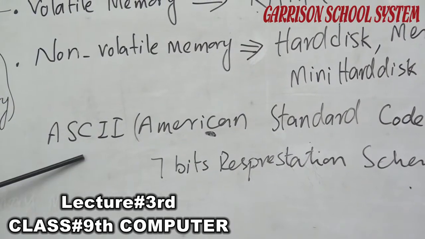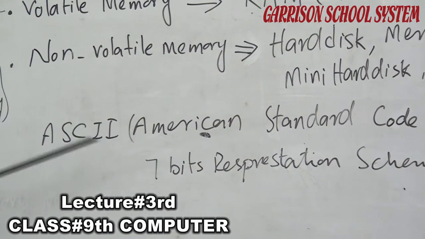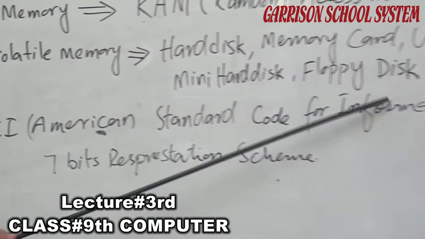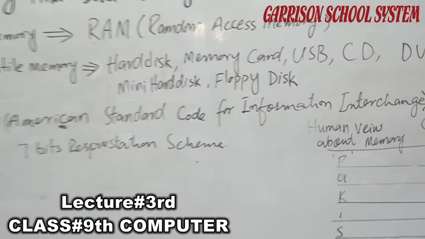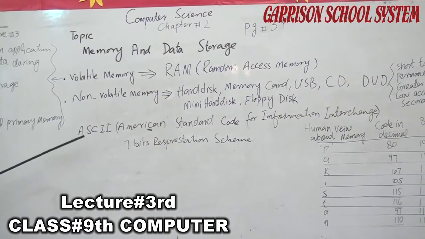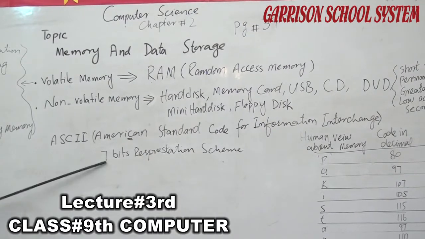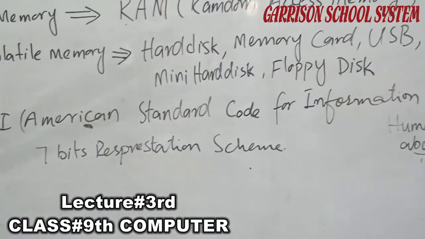Okay students, second thing is ASCII, American Standard Code for Information Interchange. Do you know about ASCII? All the data held in RAM or hard disk is in the form of a 7-bit representation scheme.